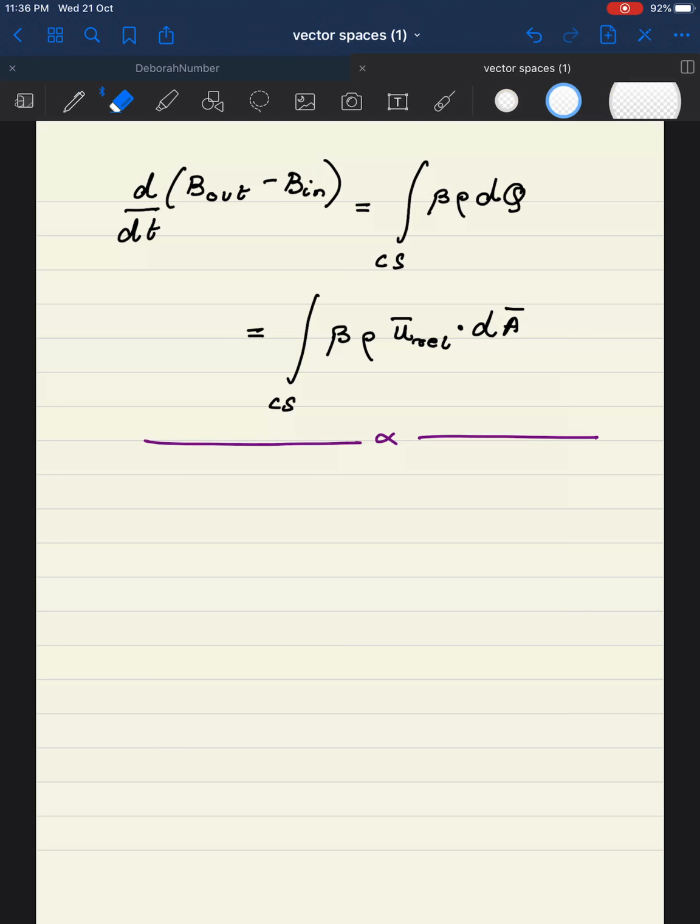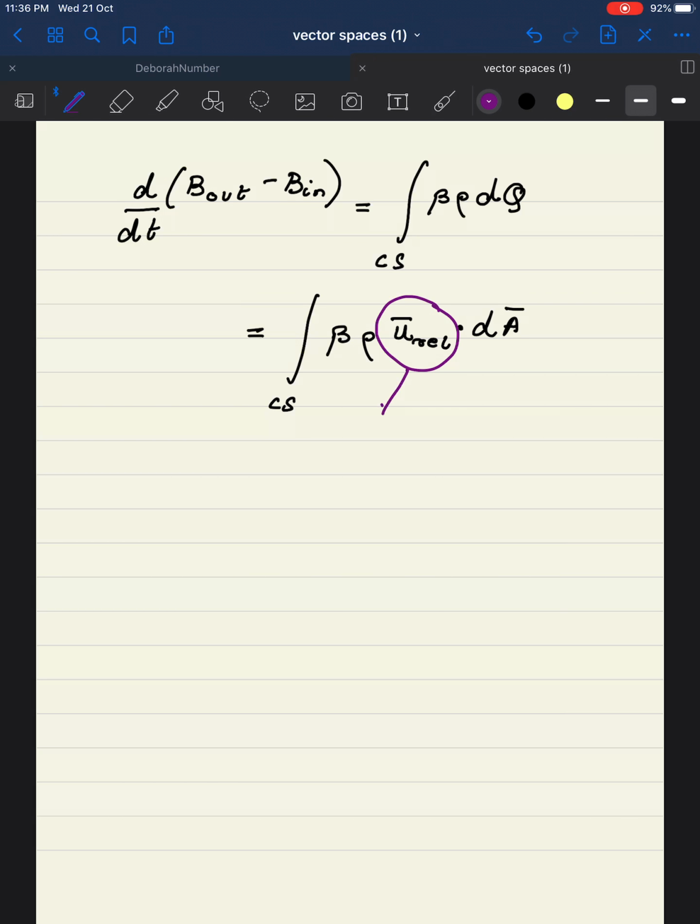By the way, just one more thing. Let me quickly clarify one thing here. This relative velocity is basically my velocity of my system minus my velocity of my control volume, or my control surface, sorry.